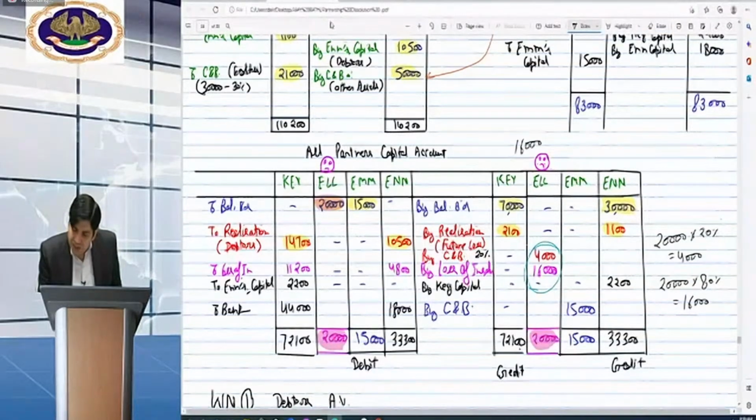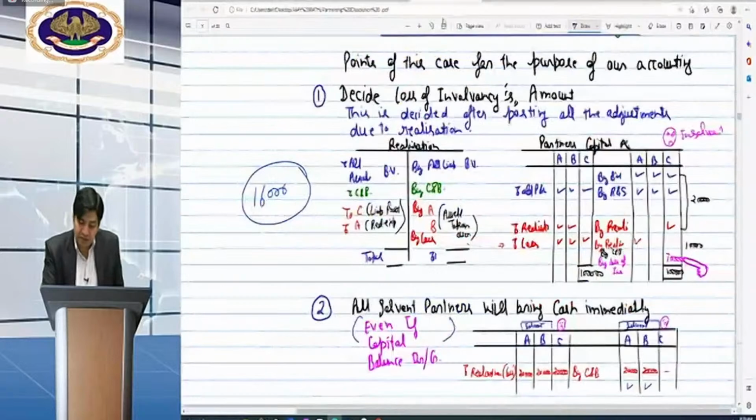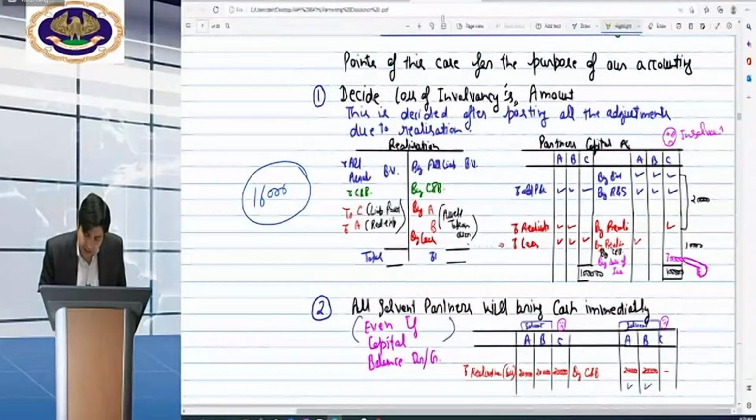is to be shared by L, M, N if they have a credit balance. Okay, beta. So first we have decided the amount of 16,000, that is the loss of insolvency. Step number 1, in case of Gardner versus Murray.